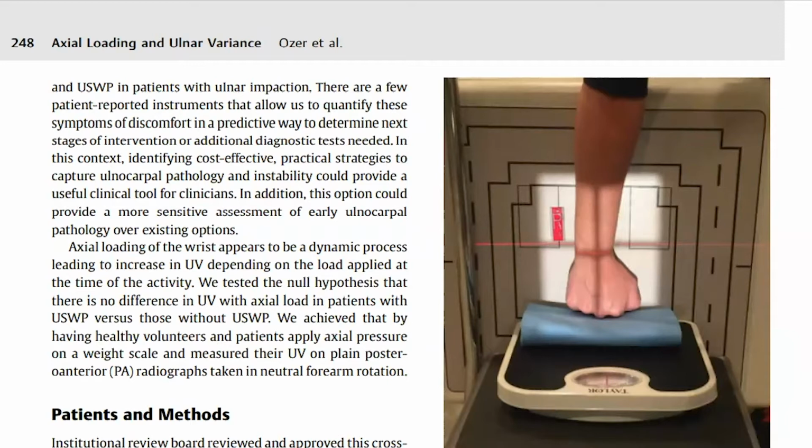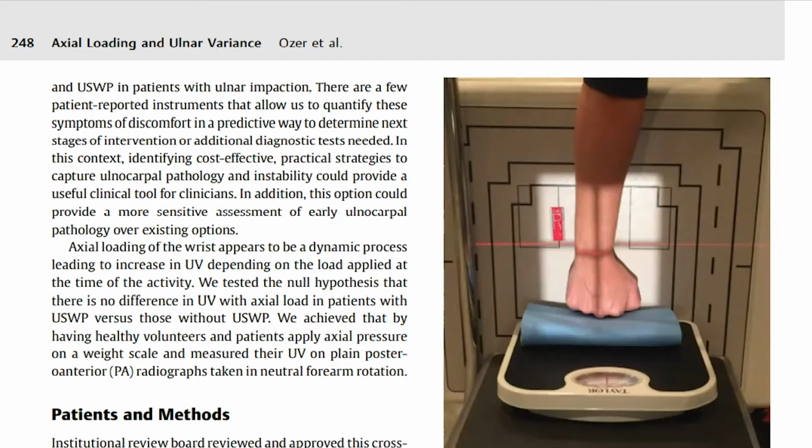Well, okay, so a couple of things I'm surprised about is that they didn't do a neutral, because we know that pronation increases ulnar variance, especially in men. So they did it in a pronated position, and they didn't do it in a weight bearing where we do, but I'm actually happy about that. You get a better view of the wrist in this position.